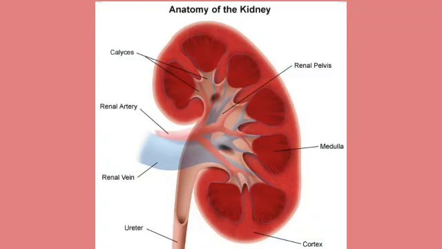Thus, every day the kidney filters about 190 liters of blood, from which 1 to 1.9 liters of urine is formed. The remaining liquid is reabsorbed in the excretory system.